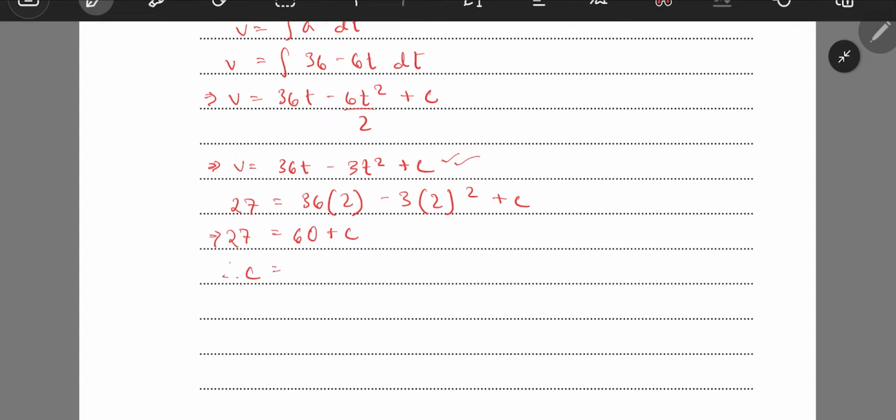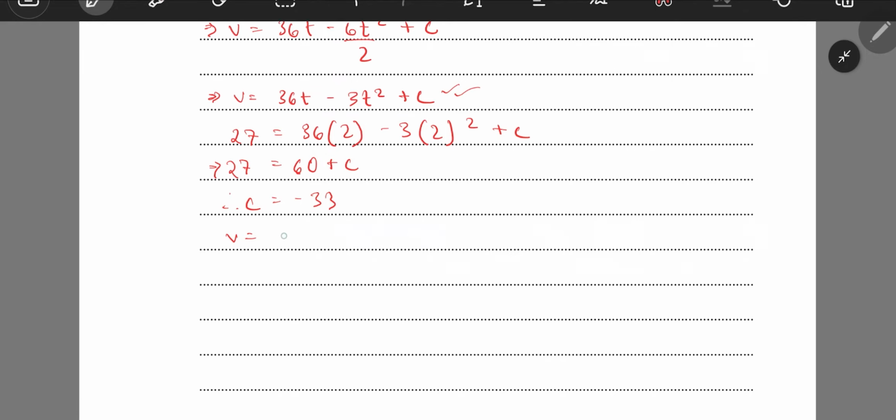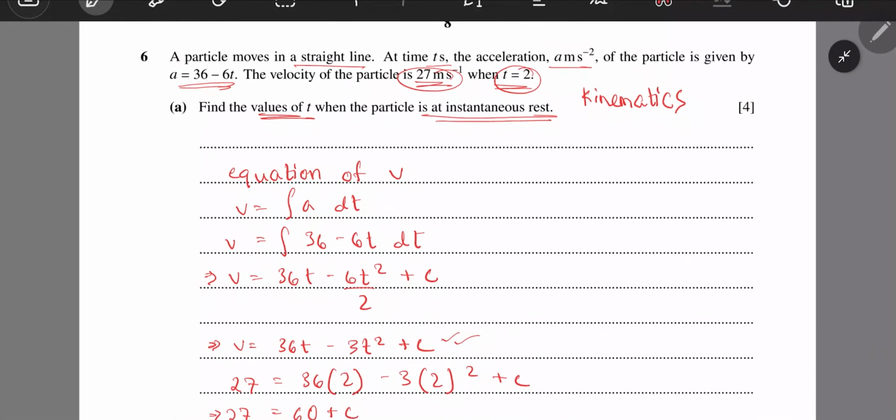Therefore, c is equal to 27 minus 60. So that's minus 33. Now, if you write v is equal to 36t minus 3t squared minus 33, that is the equation of v. That's only the first part of this question.